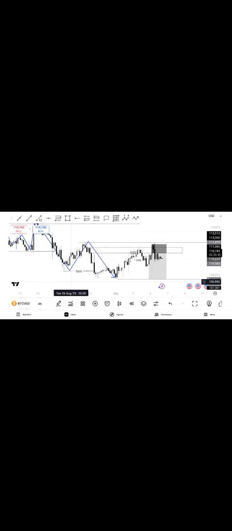Then we mark up our 4 hour break of structure, because this is our recent break of structure to the downside, our recent 4 hour high and our recent 4 hour low. So I want to tell you what mistake happened here that made this trade a loser.